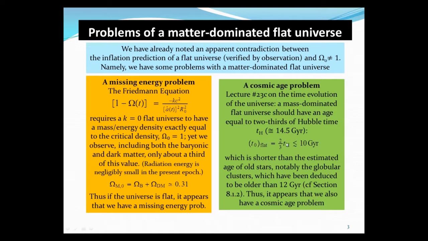So two-thirds is about 10 billion years for a flat universe, which is shorter than the estimated age of old stars, notably the globular clusters, which we deduced have an age older than 10 billion years, 12 billion years. So it appears that we have a cosmic age problem for a matter-dominant flat universe.